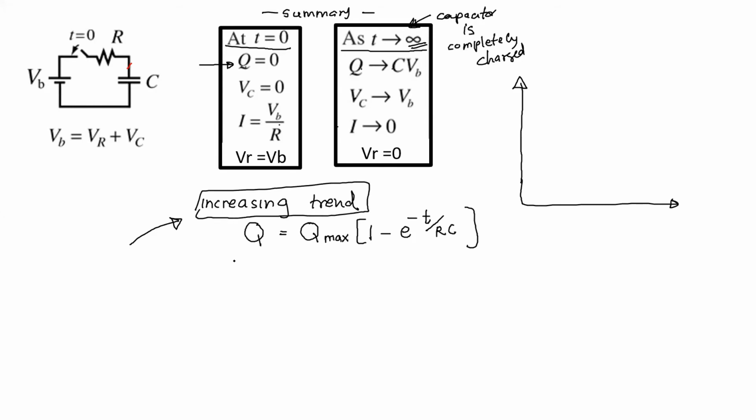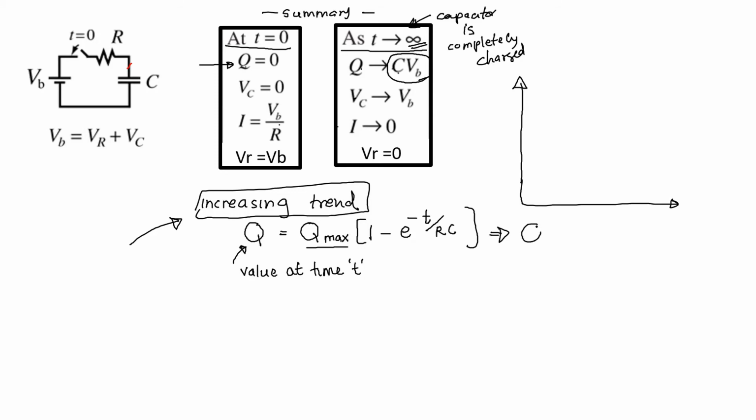This is the value at time t, and this is the maximum value your Q can have, and then you have 1 minus e to the power negative t divided by RC. If I rewrite this equation with the maximum Q value, we know the maximum Q the capacitor can have is C times VB.